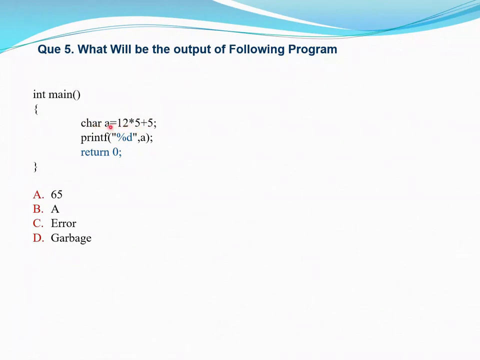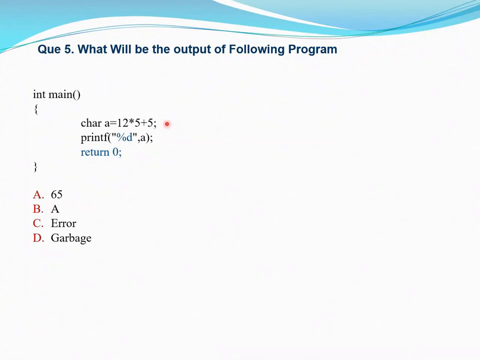You might be thinking there is an error in this program because a character variable is initialized with an integer value, but actually there is no error, because every character variable has its associated integer value. So every character can contain an integer value.